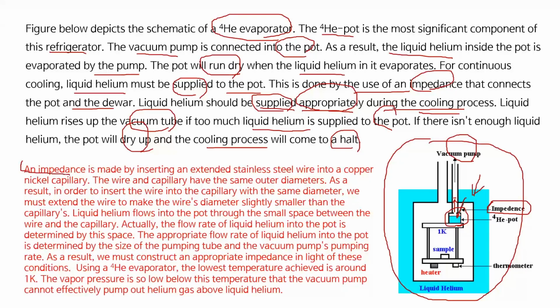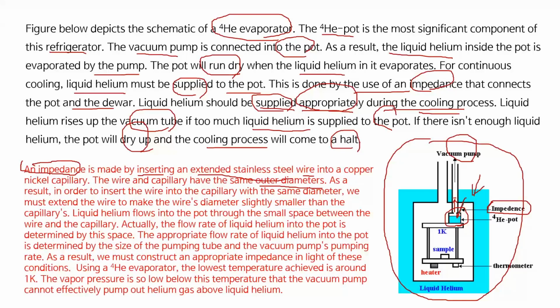An impedance is made by inserting an extended stainless steel wire into a copper-nickel capillary. The wire and the capillary have the same outer diameters.